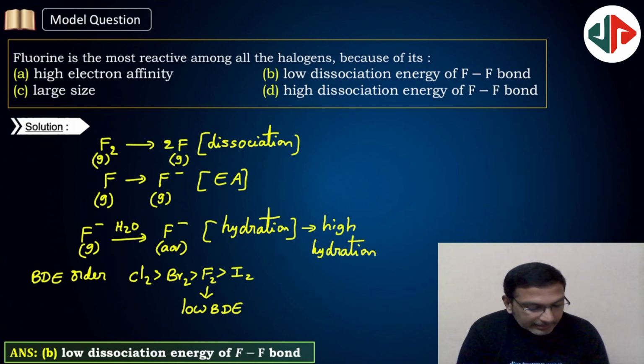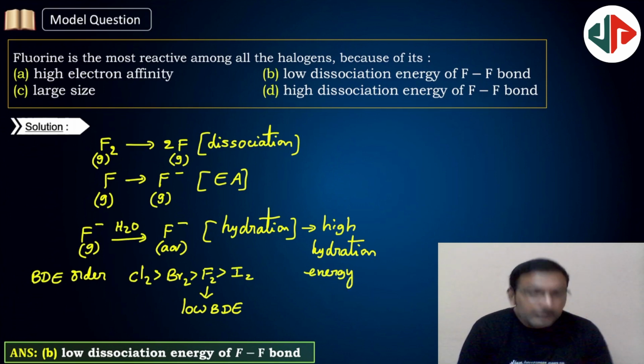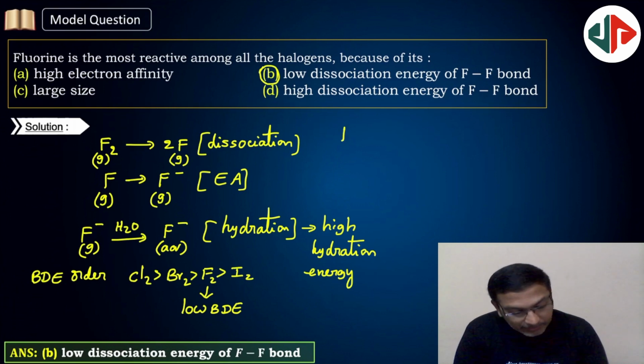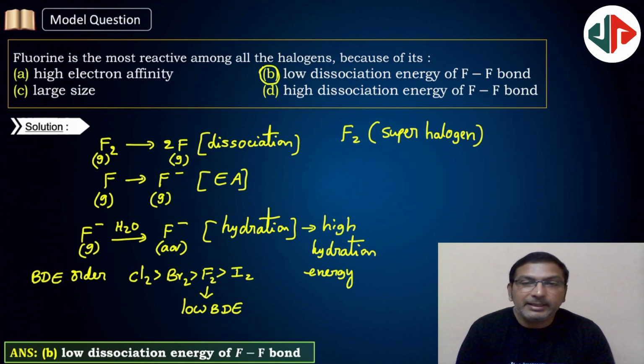So, due to low bond dissociation energy and a very high amount of hydration energy, F2 is most reactive. Therefore, option will be B. So, due to these two reasons, dissociation is very less in case of F2 and hydration also very high. F2 is most reactive. Therefore, F2 will be known as superhalogen, due to its highest reactivity.